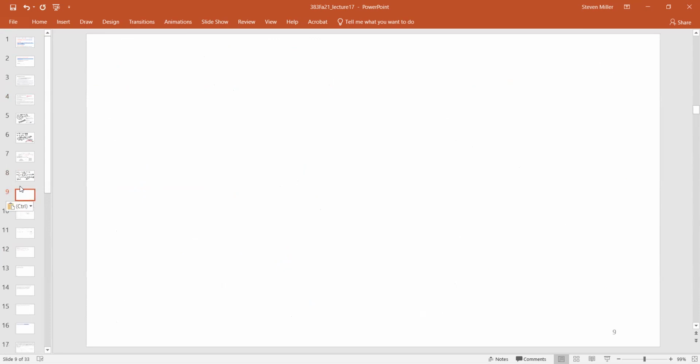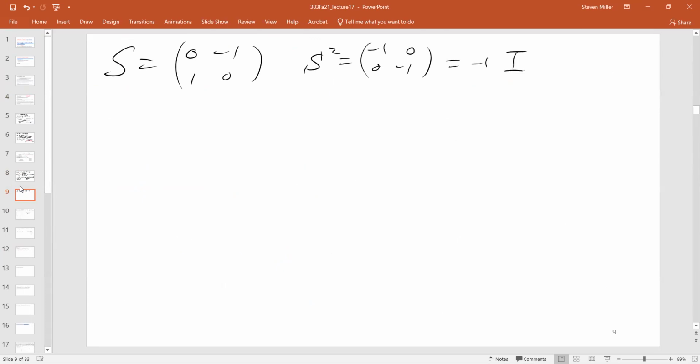So S is equal to 0, negative 1, 1, 0. What's S squared going to be? Negative 1, 0, 0, negative 1, right? But this is the same as negative 1 times the identity.